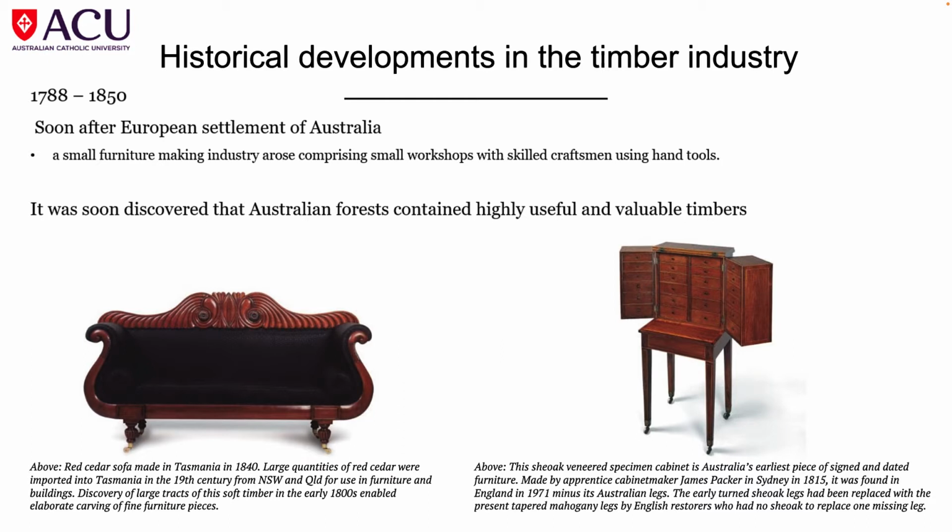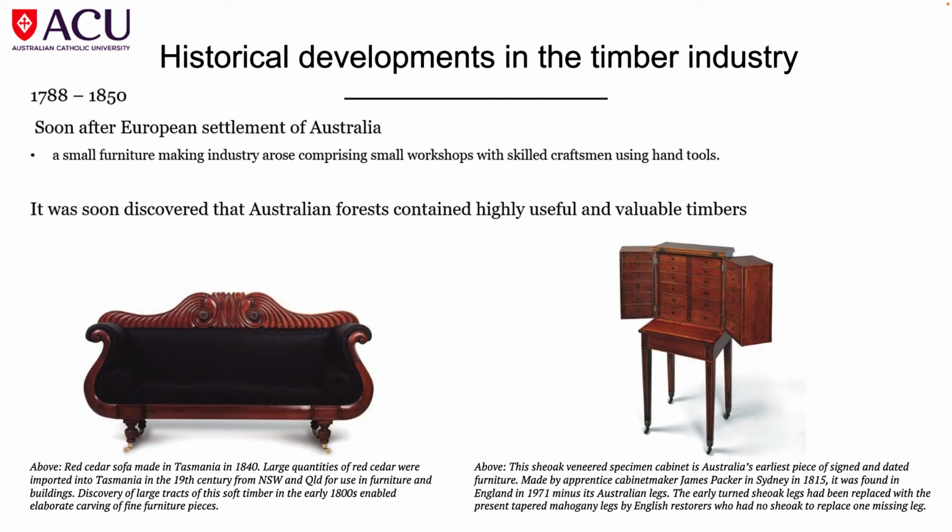So it's interesting because it's a red cedar sofa, but they didn't have red cedar in Tasmania. So it was obviously harvested probably in New South Wales and then shipped down there to a particular manufacturer, a particular craftsman, who made that quite amazing piece of furniture. And then that was sold off in the market there.